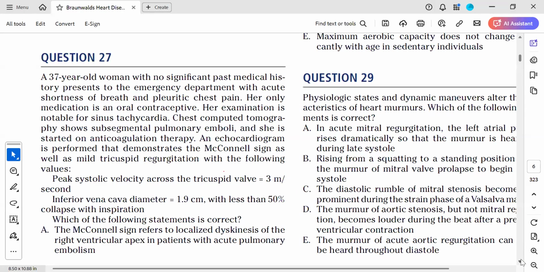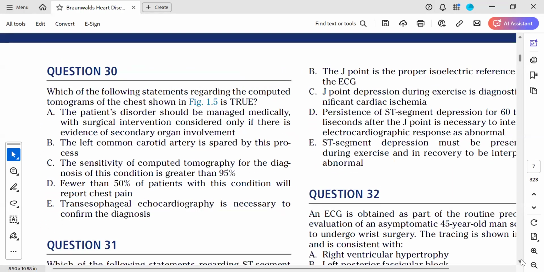This is actually Stanford type A, meaning that management here is actually surgical, making the first option false. Now, the left common carotid artery is involved in this process. If you look at figure B, that smaller one immediately after the descending aorta is the left common carotid artery, meaning that it's also involved, also making this one false.